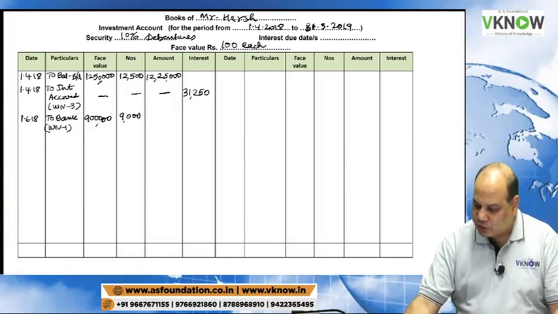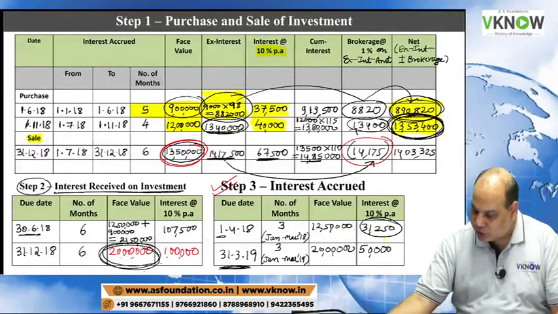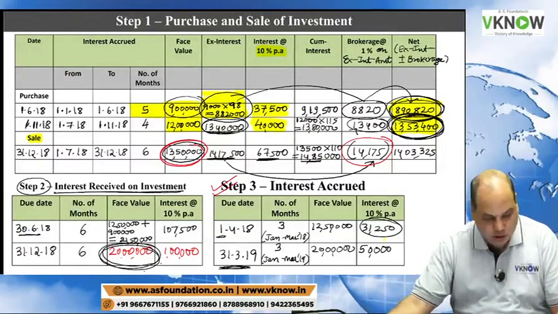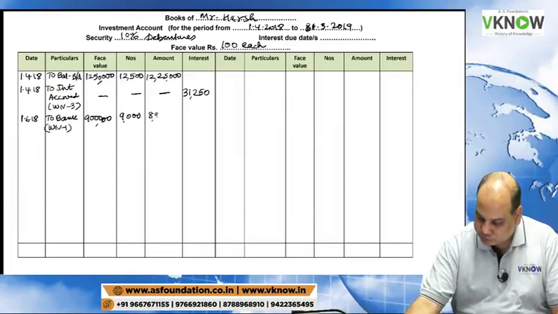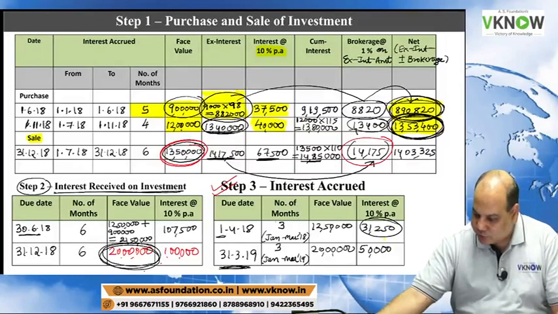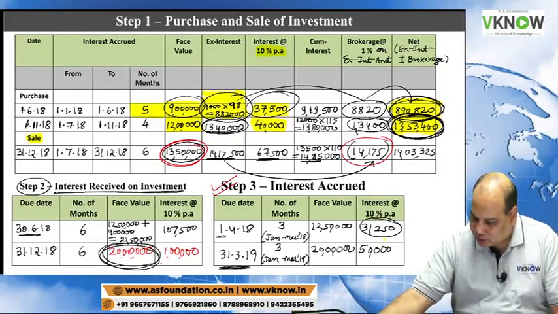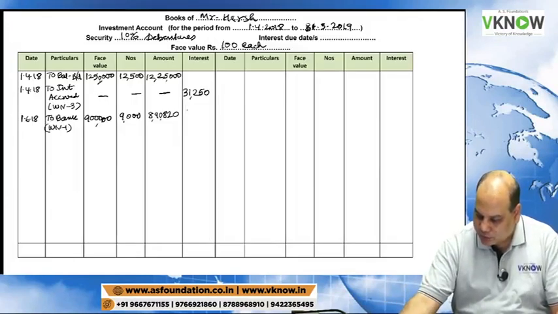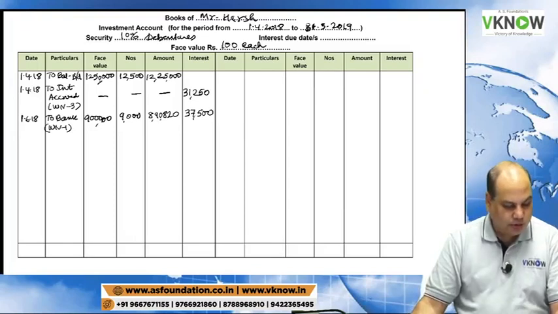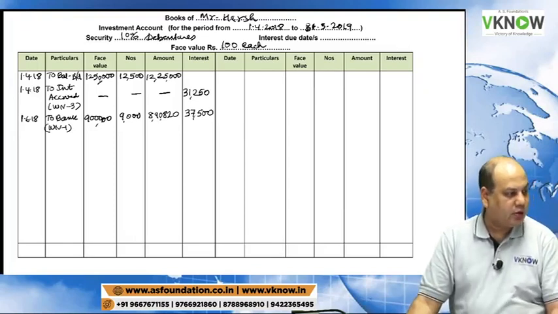Amount was on the screen, working note 1, last column, 890,820. And the interest was second interest here, 37,500. Is it right now?